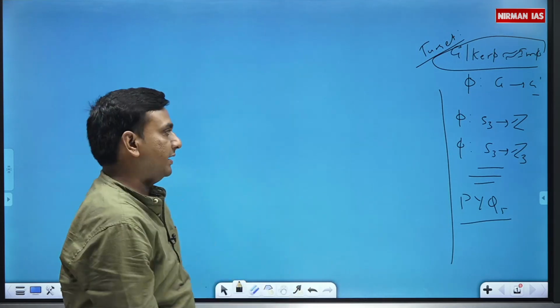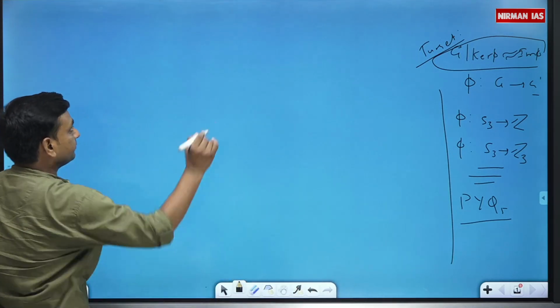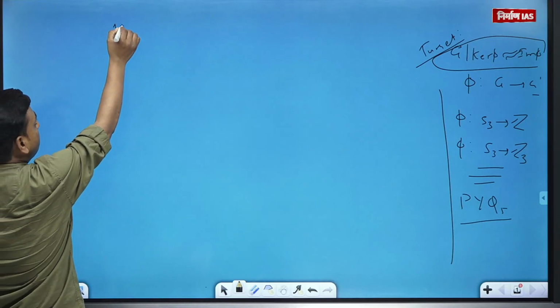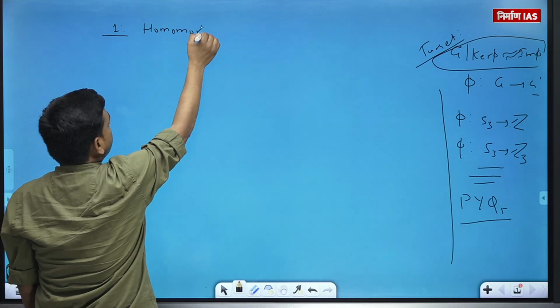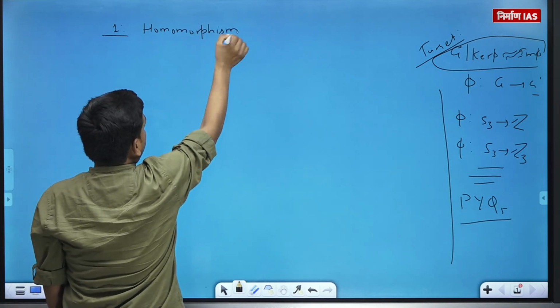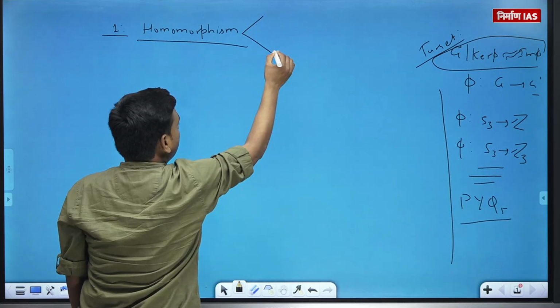How I have planned this lecture is like this. First, we'll be doing homomorphisms. What is homomorphism?